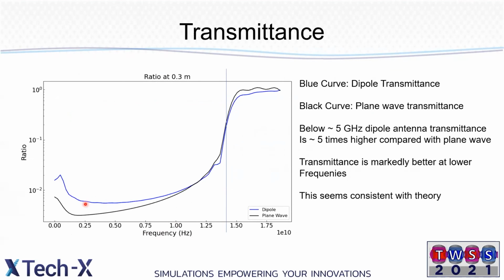I start believing my results here at around 0.2 gigahertz. As we approach the plasma frequency, we get more signal through, and by the time we get to the plasma frequency, you're at full transmittance. That is, the ratio is about 1. Good question.